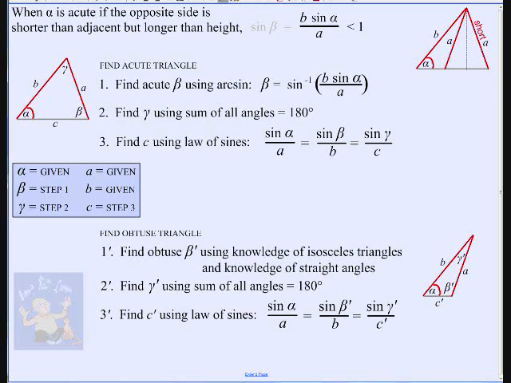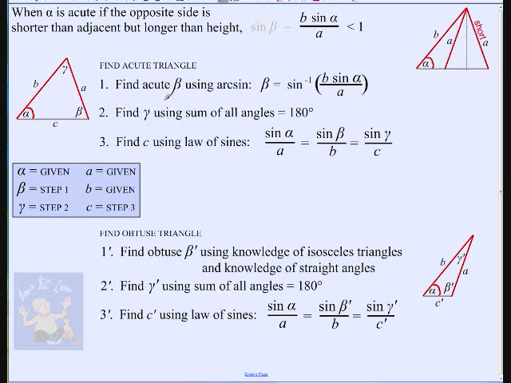So when do we actually run into a situation where two triangles are possible? That's when our opposite side is shorter than our adjacent side, but longer than the height.